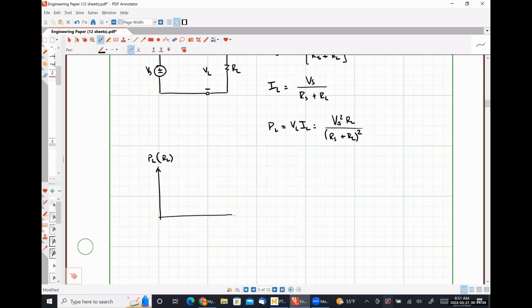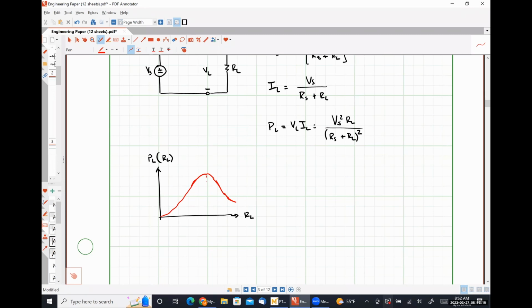And on this axis, I have RL effectively increasing from 0, where RL would be a short circuit, all the way out to effectively infinity, where RL looks like an open circuit. What I would have would be a curve that looks something like this, where this is RL going towards infinity.